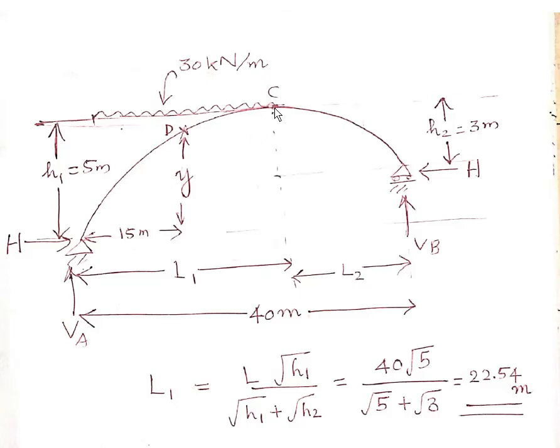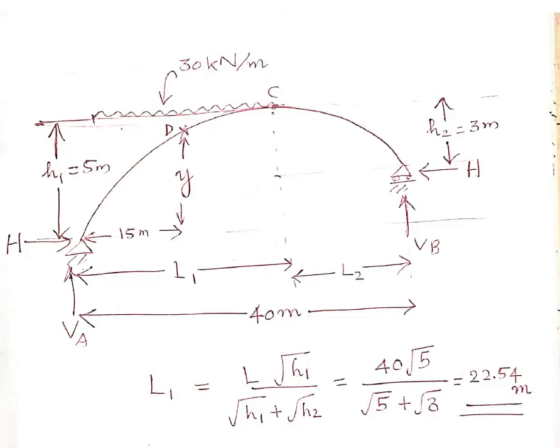and here the crown point is not at the center of the span. The horizontal distance between the springing point A and the crown is L1, and the horizontal distance between the springing point B and the crown is L2.